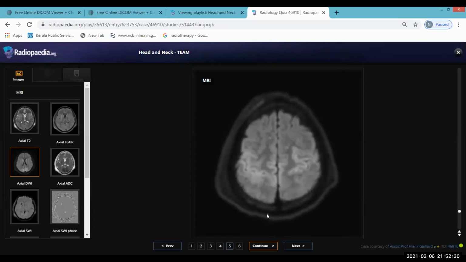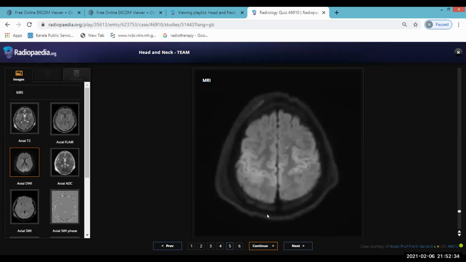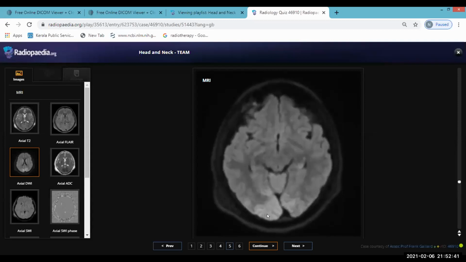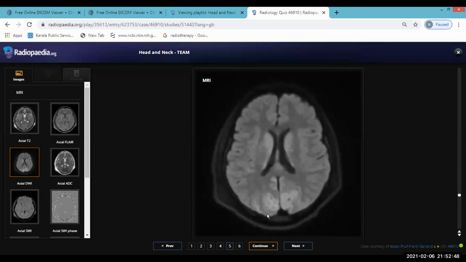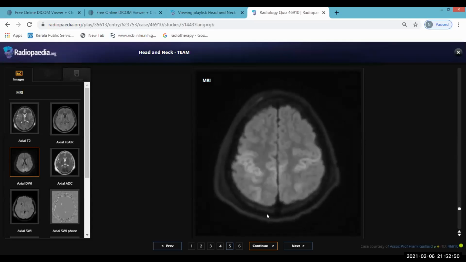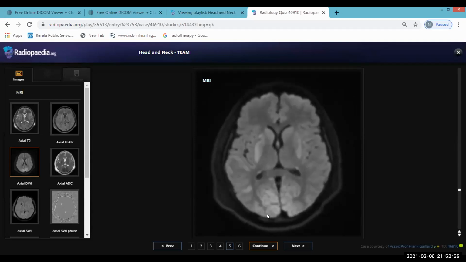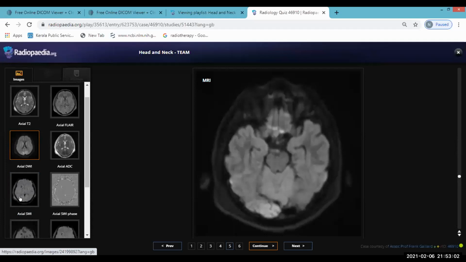There are multiple linear hyperintensities noted in the bilateral sulcal spaces of the bilateral frontal region, and along the right basal ganglia also. So this could be subarachnoid hemorrhage, and I want to see the GRE images or SWI images to confirm my findings.